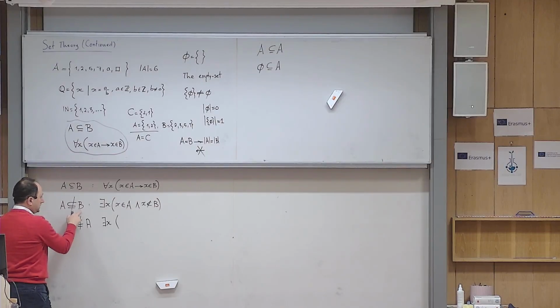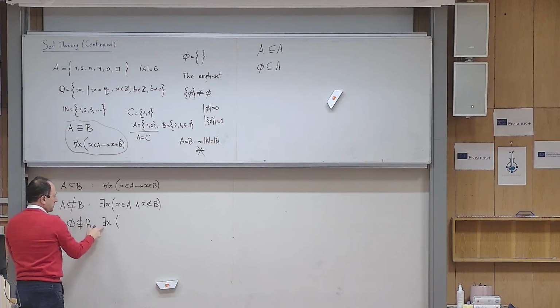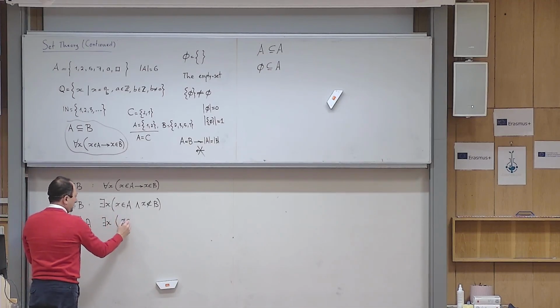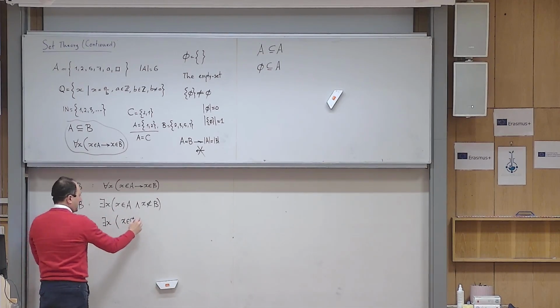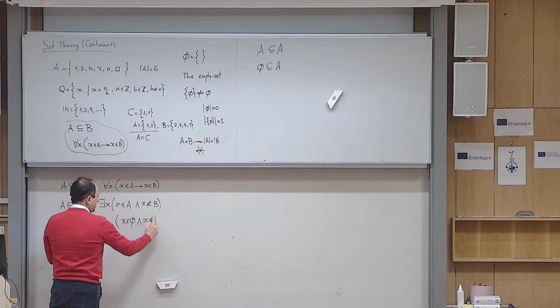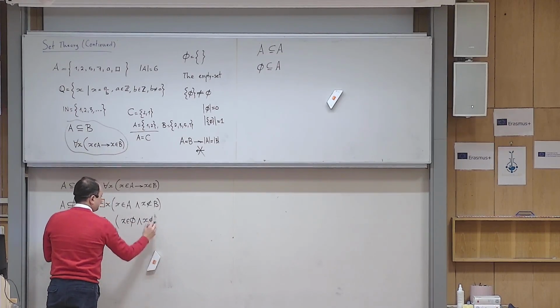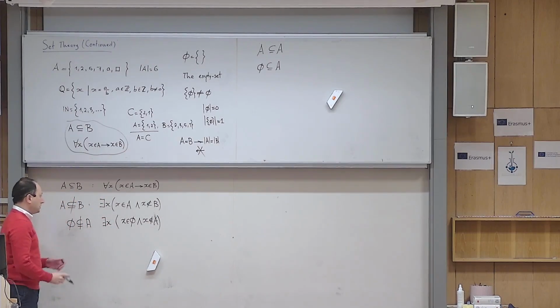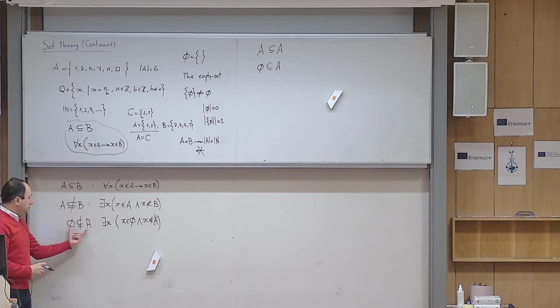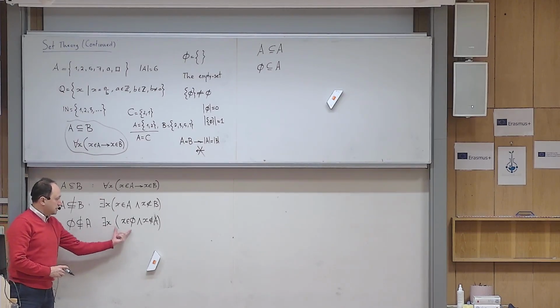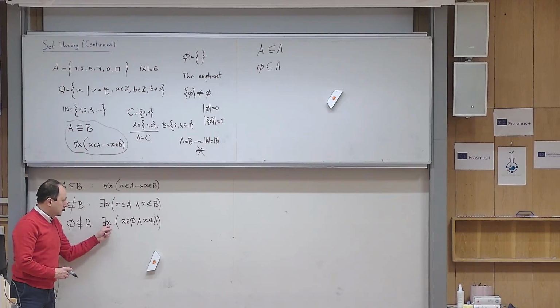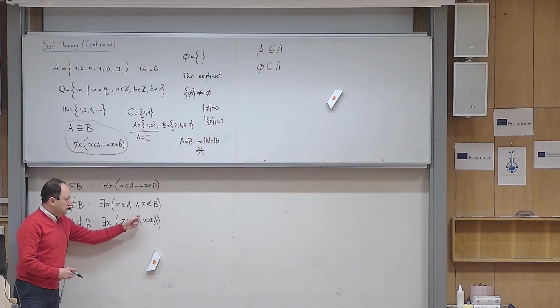Whenever I see B, I put the set A. So this becomes: there exists x that belongs to the empty set, and x does not belong to A. So you understand that this is false. Because if you believe this is true, it means that you are able to find an x which is in the empty set and is not in your set.